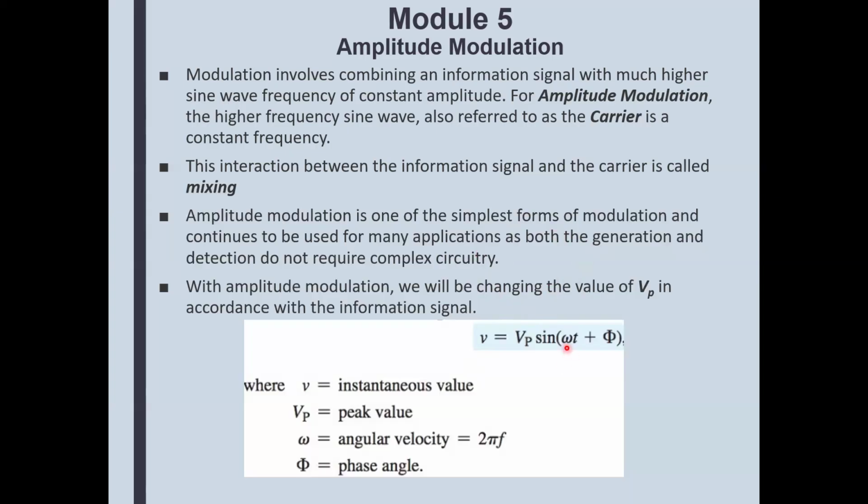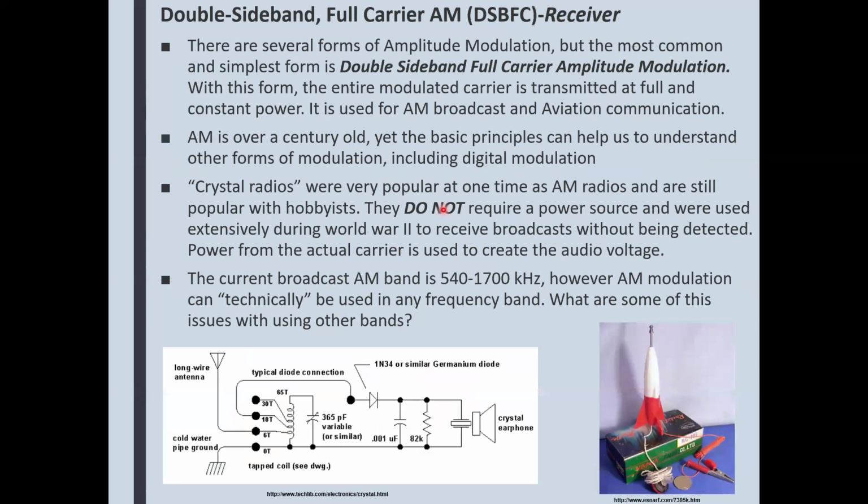So that would be the angular velocity, plus, well, the phase shift, but we're not going to worry about that phase shift right now, but it is there. In our case right now, we're just going to consider all that as zero. However, if you want the full formula for the sine wave and instantaneous value, sometimes there is going to be some phase shift, so the phase shift, or phase angle, is going to be included in the formula. Yeah. All right.